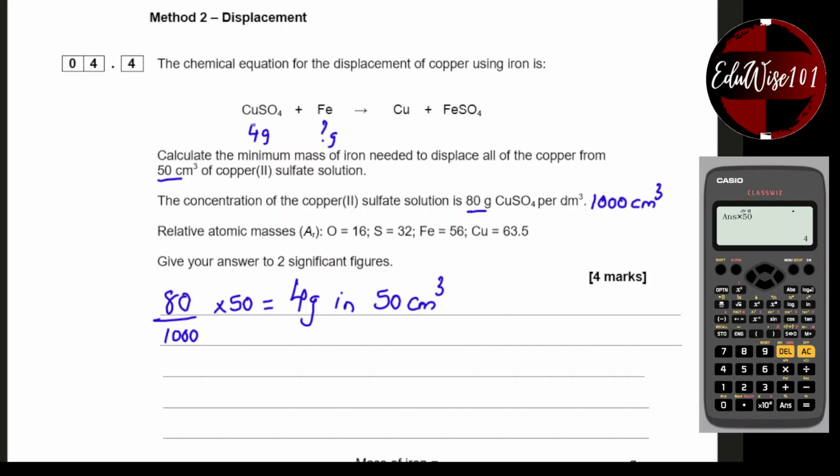Now, this balanced symbol equation states that 1 mole of copper sulfate is reacting with 1 mole of iron to give 1 mole of copper plus 1 mole of iron sulfate. This is the reacting ratio.